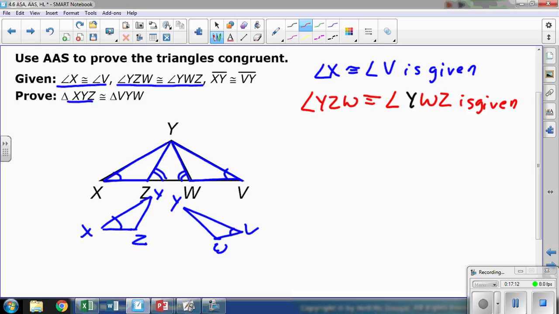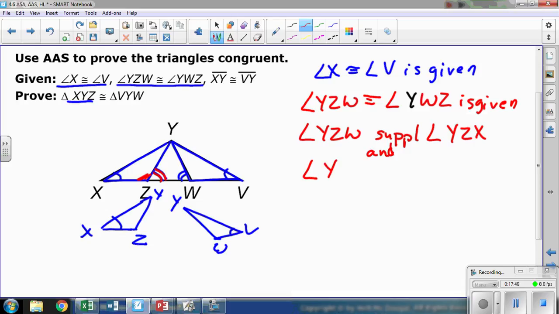And I'm going to notice then that angle YZW, that's of course this one, is supplementary with angle YZX. That one. Why are they supplementary? They're a linear pair. Linear pairs are always supplementary. Similarly, we could do the same thing on the right-hand side.